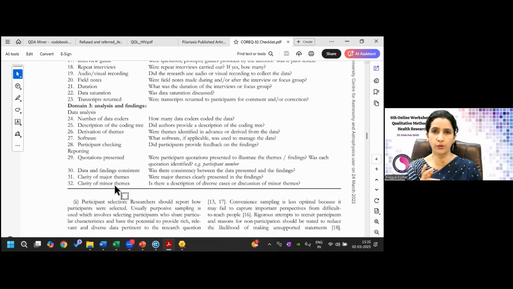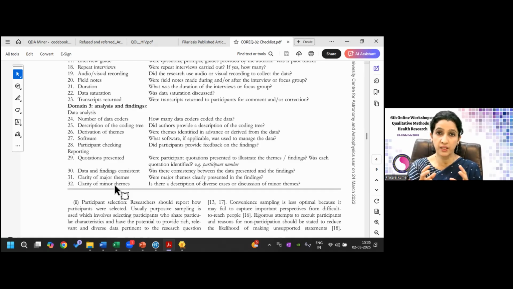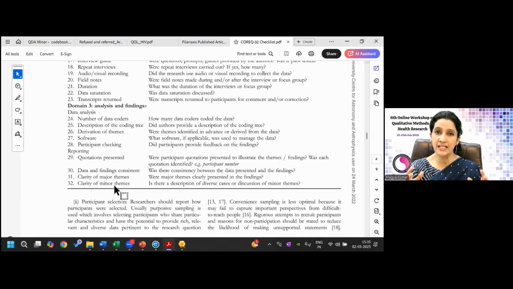I just want to give a message: whenever the data is very huge, initially there's a tendency to make many themes. But generally it is said that you should not have more than 5 themes, because then the reader will not get a single or limited message, and will be lost in your work. We went back and checked, and yes, generally your themes should not be more than 5.